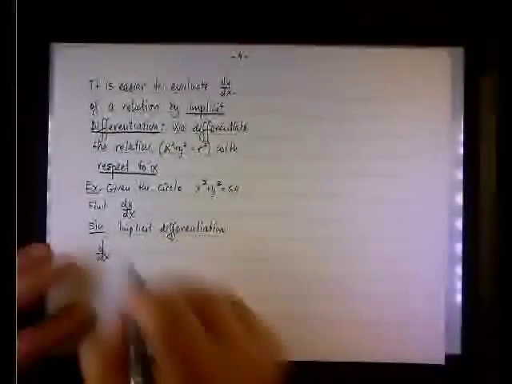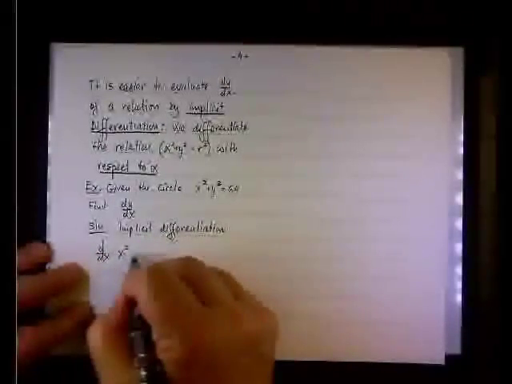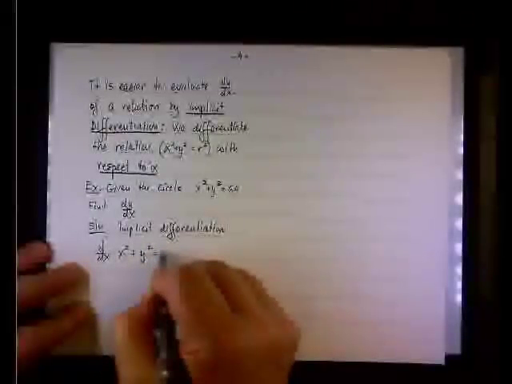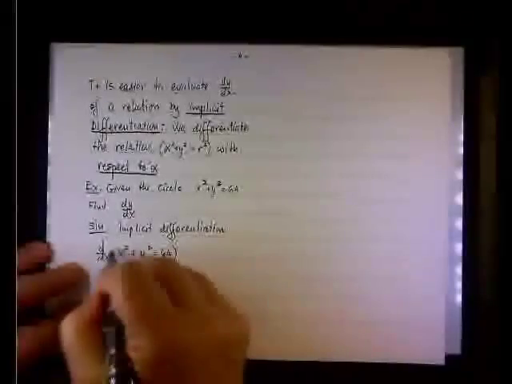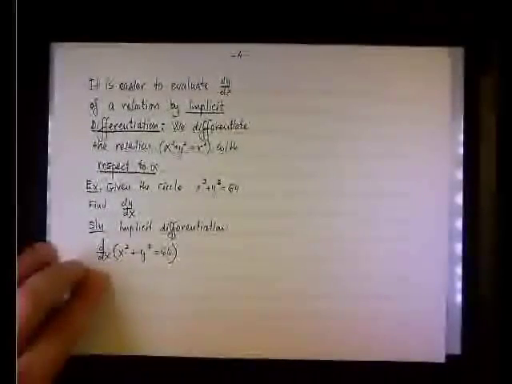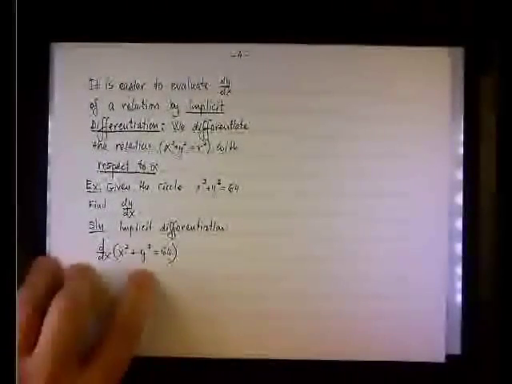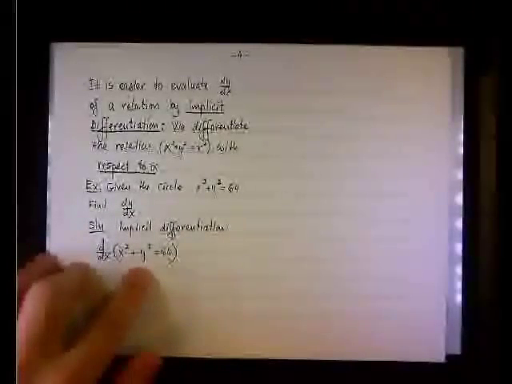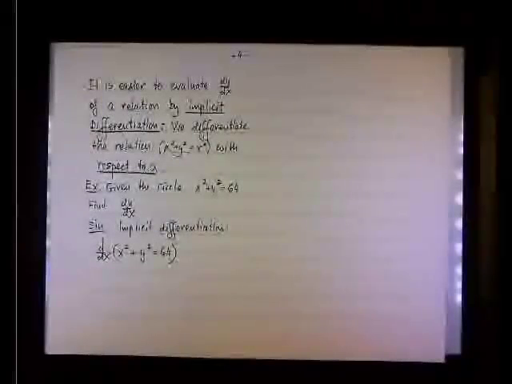Take the whole relation, x squared plus y squared equals 64, and take the derivative with respect to x of everything, including the equal sign in the middle. Of course, the equal sign in the middle is going to remain equal. So let's see what comes out of this. Now pay close attention. This is the first time you are seeing something like that.